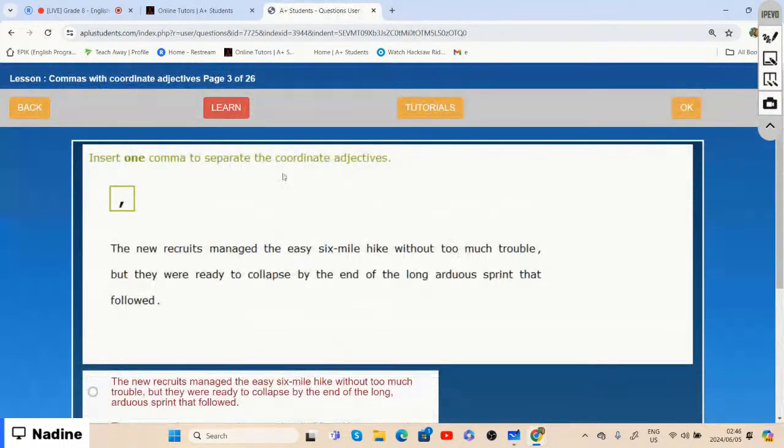It says insert one comma to separate the coordinate adjectives. It says the new recruits managed the easy 6-mile hike without too much trouble, but they were ready to collapse by the end of the long, arduous sprint that followed.